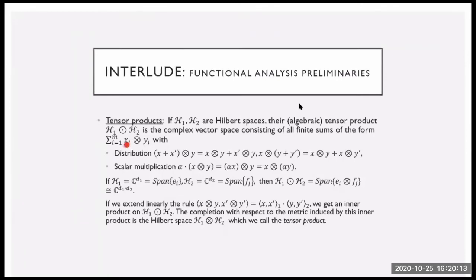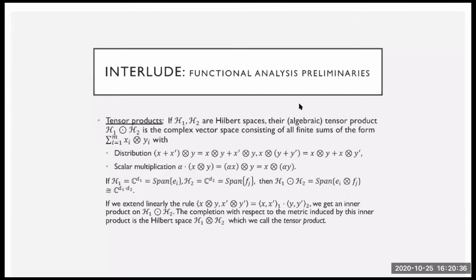The first rule is the distributive law, which says that (x plus x prime) times y is just x times y plus x prime times y, and also from the right. And that scalar multiplication can get outside of any one of these vectors and inside to any one of the coordinates of this pair.